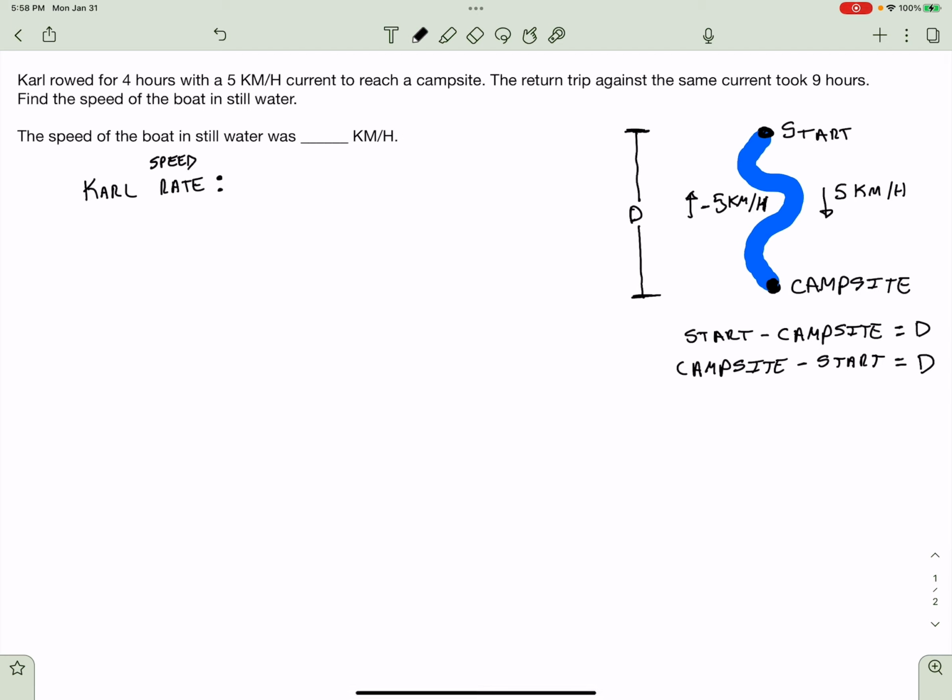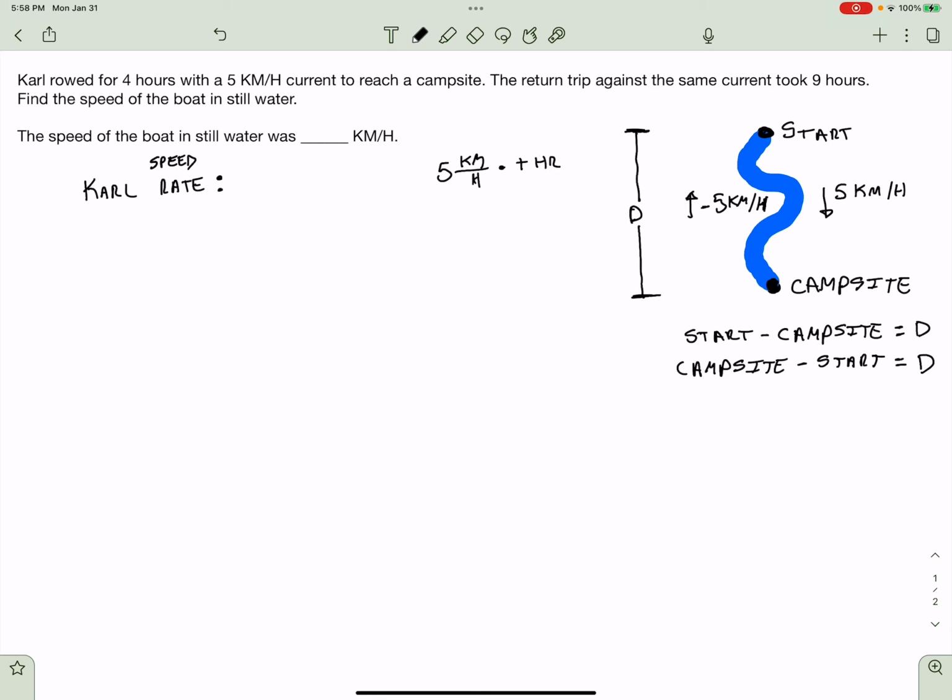Another thing we can think about is that if I have a rate, in this case kilometers over hours, and I want to know the distance I would move at 5 kilometers per hour, I would have to multiply by some time in hours.